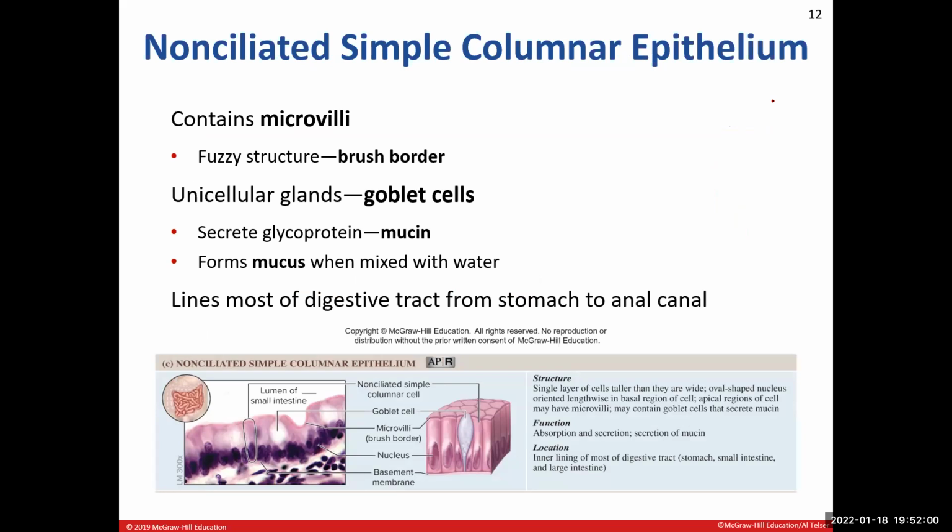So let's start off with the first type of simple columnar epithelium, and that's the non-ciliated type. So on the top of our cells, we have this specialized structure called microvilli. If you're looking at it on a microscope, we describe it as a brush border. But microvilli are a special type of modification to the plasma membrane.